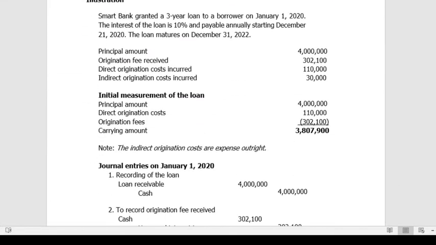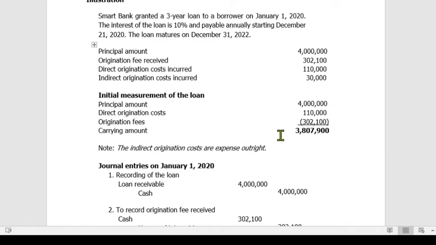So, since ang origination fee received is an inflow at itong principal amount and the direct origination costs are outflow dahil ikaw ay nagpautang, it is proper that you deduct the origination fee received from the outflow because they are contra accounts. So, the principal amount, 4 million plus direct origination cost, 110,000 minus the origination fee received which is charged against the borrower is 302,100.